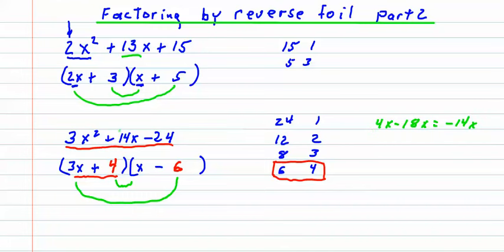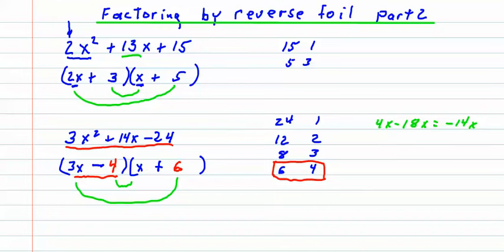I want a positive, so all I do is switch my signs here. This will become a negative, the other one will be a positive. This is a negative, this becomes a positive, and now I have positive 18 minus 4 gives me a positive 14x.